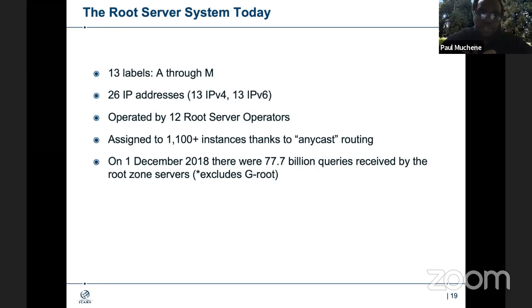All of these machines receive user queries from your laptops, tablets and phones, and then take these queries to the nearest instance of the root servers. I will mention this in slightly more detail.